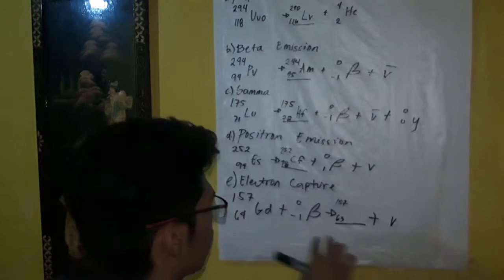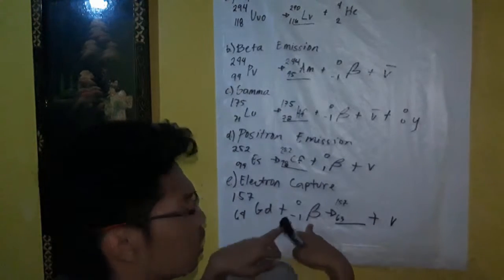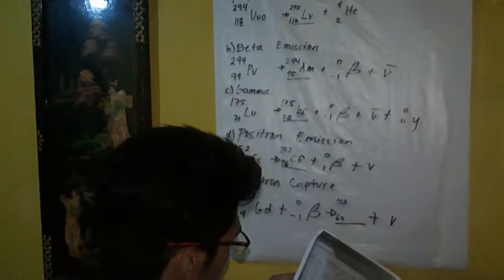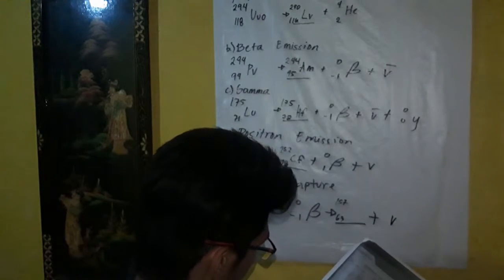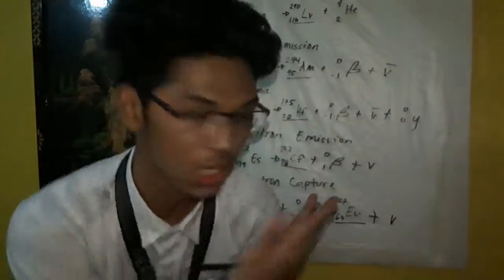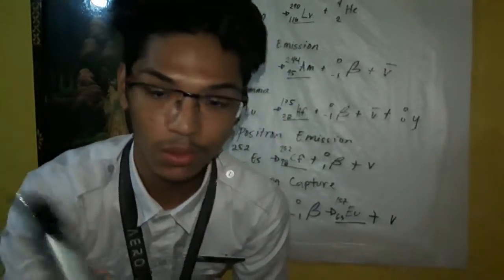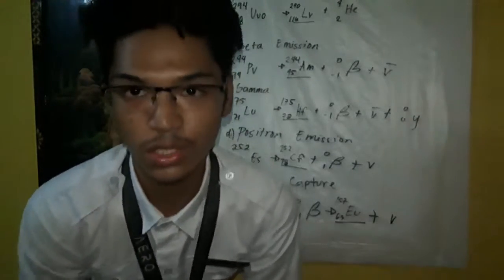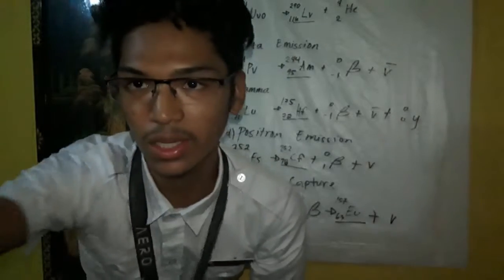It is just directly minus because the electron is on the left side. So 63 is europium, with the symbol Eu. So that's it. Nuclear decay is just easy, and even you can solve this because you only have to subtract and add. So let's now proceed to the last one, carbon dating.